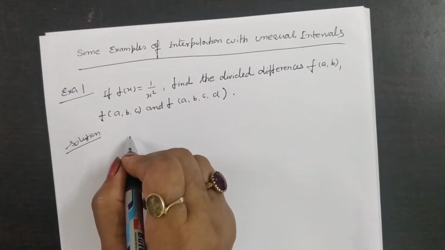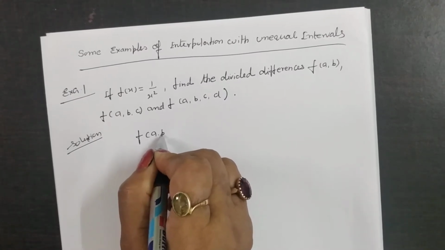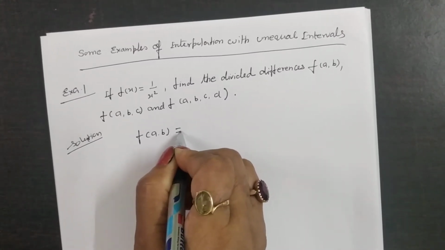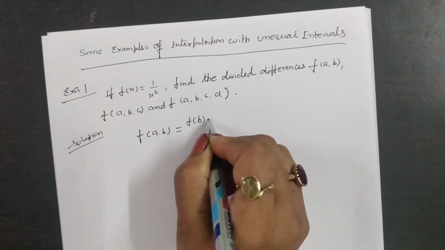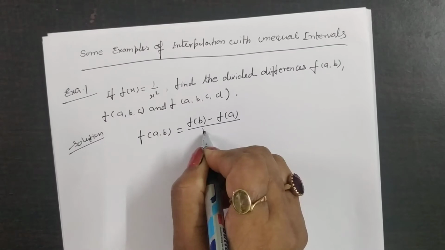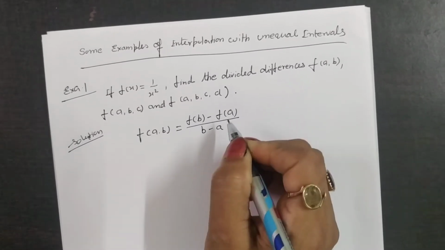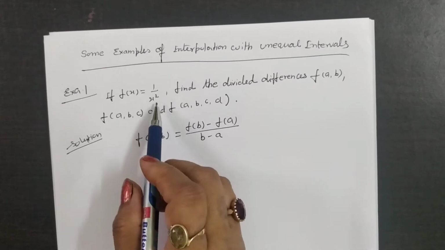You know f[a,b] is equal to f(b) minus f(a), divided by b minus a. Substituting here, the function is f(x) equal to 1 by x square.